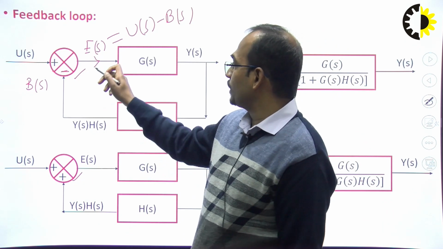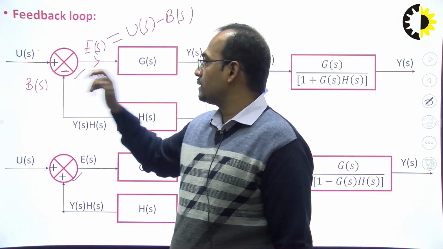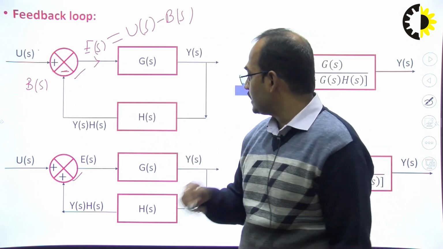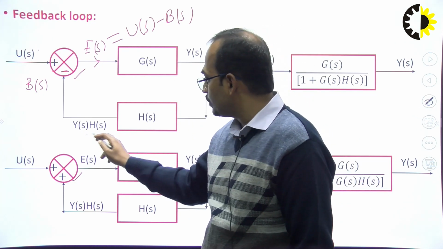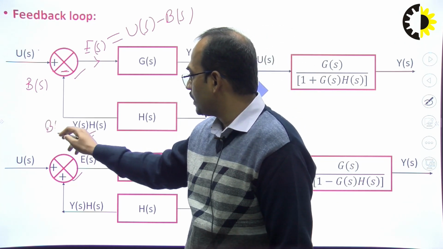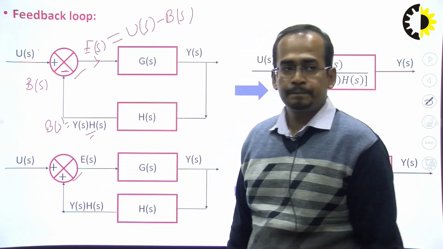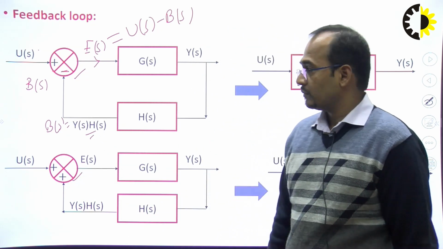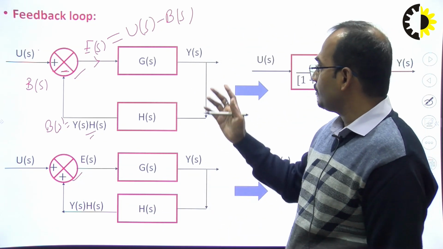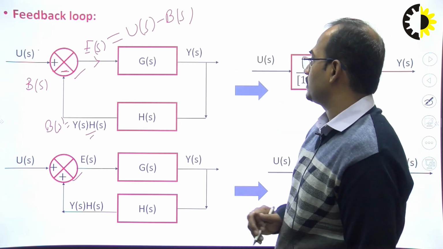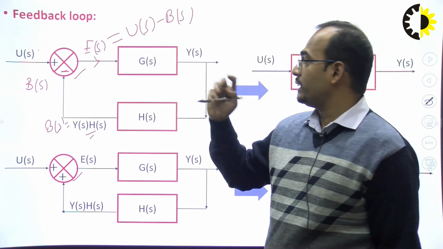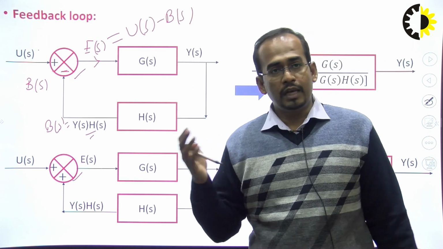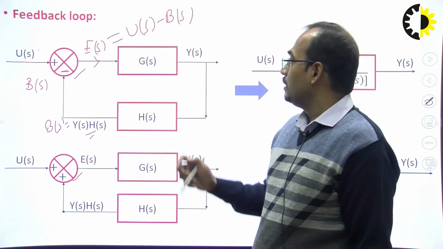So what will be the output here? U(s) minus B(s). What will be the value of B(s)? B(s) is nothing but Y(s) into H(s). Now we have to find the transfer function Y(s) by U(s).